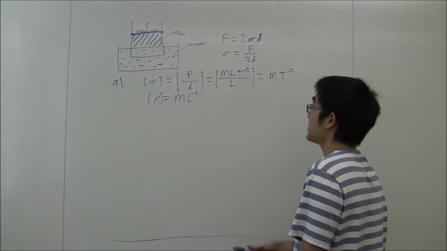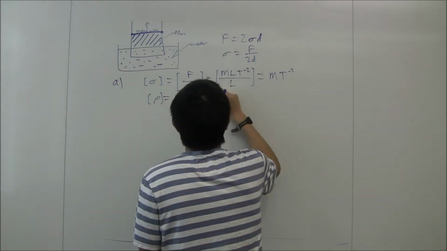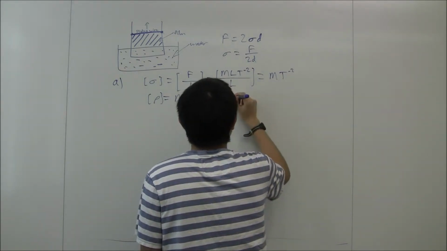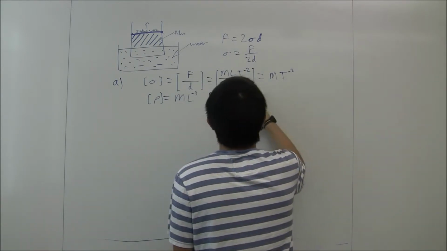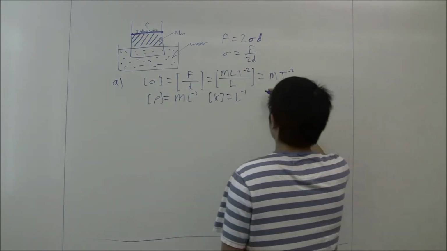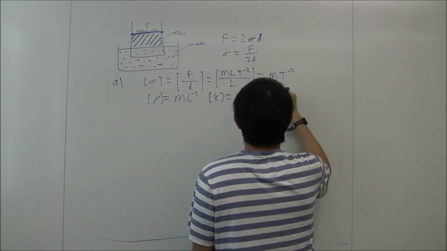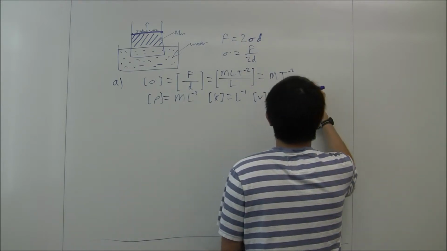So it's going to be mass times length to the negative 3. K, the wave number, is 2 pi over the wavelength, which means that its unit is just length to the negative 1. And we know that units of velocity are given by length times time to the negative 1.